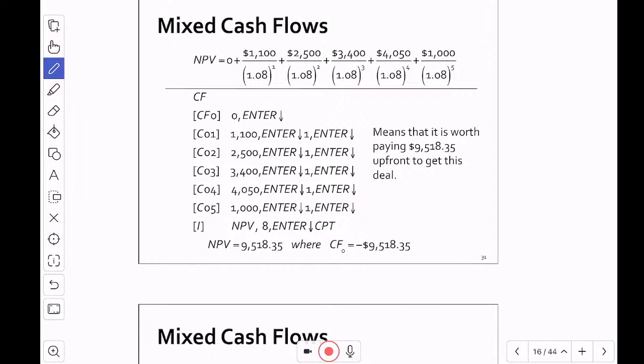So remember, NPV is equal to negative CF0. So that's how we interpret it. With a positive NPV, that means CF0 must be an investment of 9,518, right, because it's a negative cash flow.